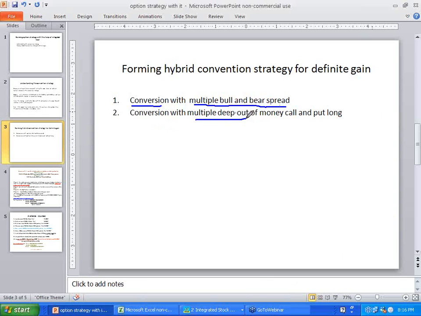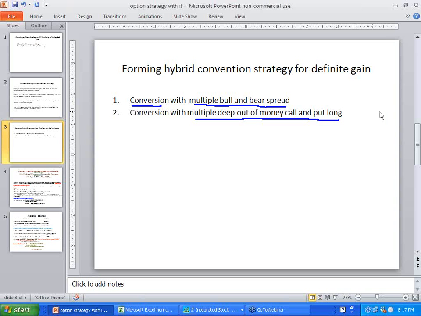Conversion with multiple deep out of the money call option and put option purchases. If we add this combination to the conversion strategy, then it can yield a wonderful profit, an excellent profit.